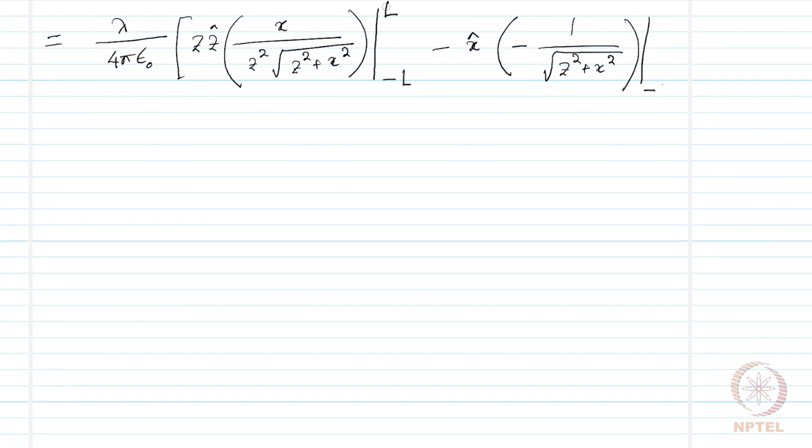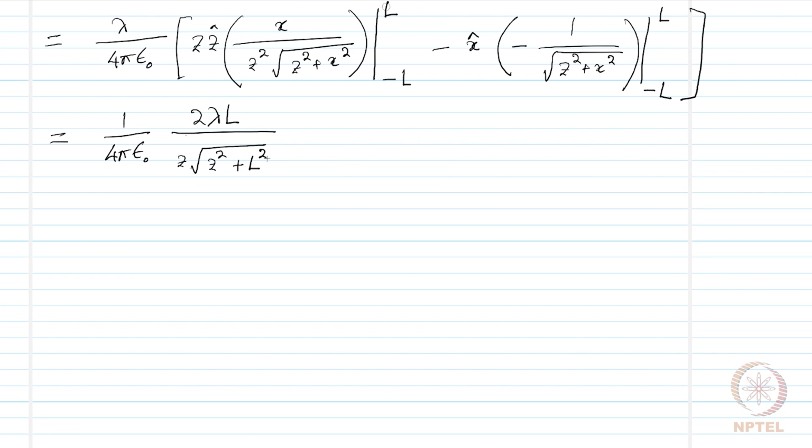Here also the limits are minus L to L. So we need to evaluate this, and if we work out the algebra, we will find 1 over 4 pi epsilon naught, 2 lambda L over z square root of z square plus L square, and the direction of this electric field would be z cap.